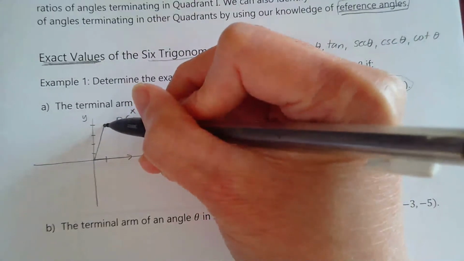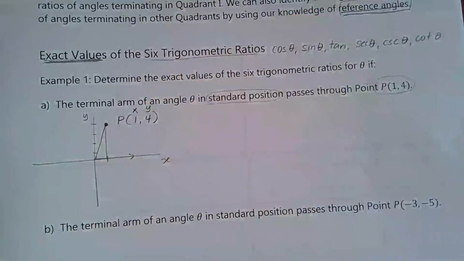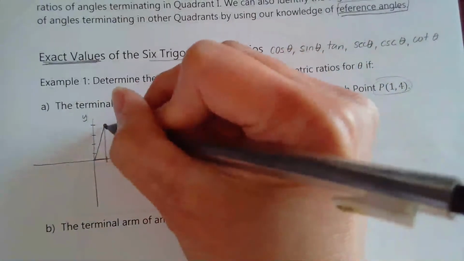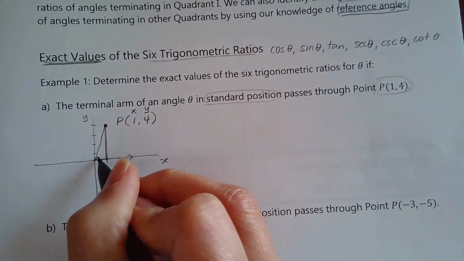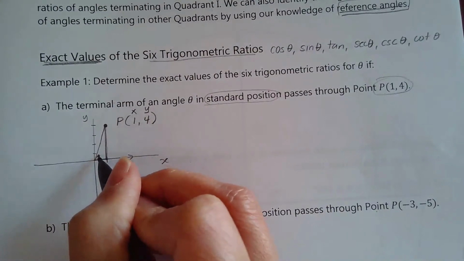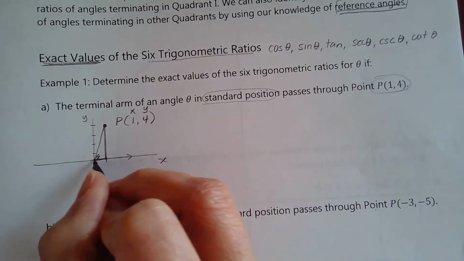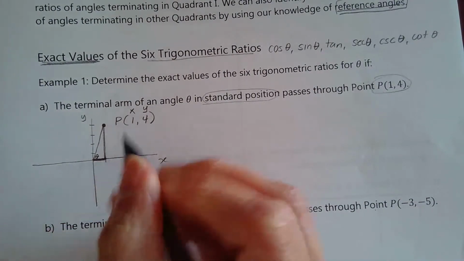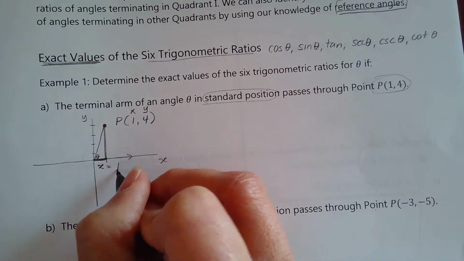And if I drop this perpendicular line right here, I know it's going to be super tiny, but there's a theta right there. And x, how far along is this? Along the x-axis this way, so x is equal to 1.